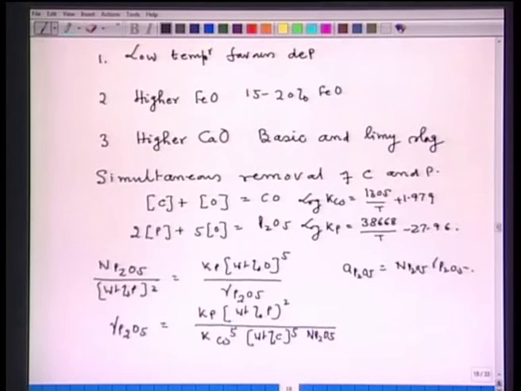So, for the simultaneous removal of carbon and phosphorus, the value of gamma P2O5 calculated from this equation is required.